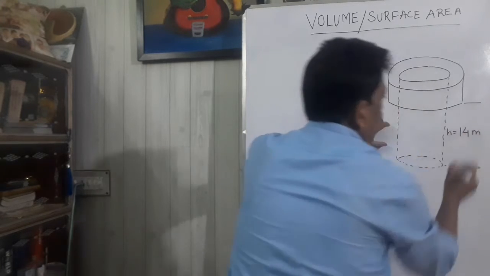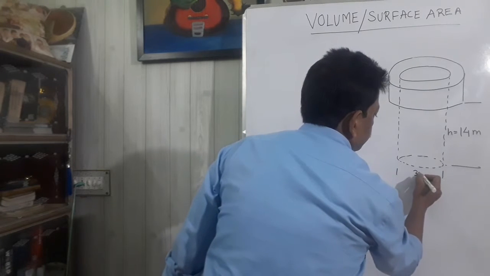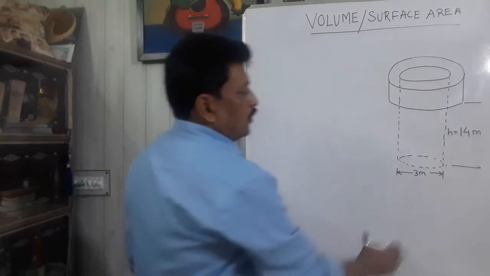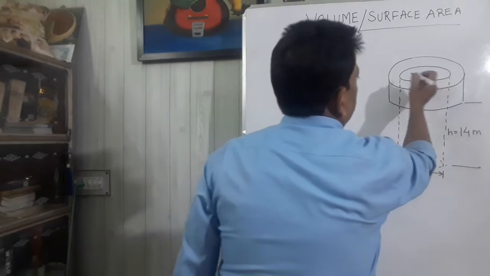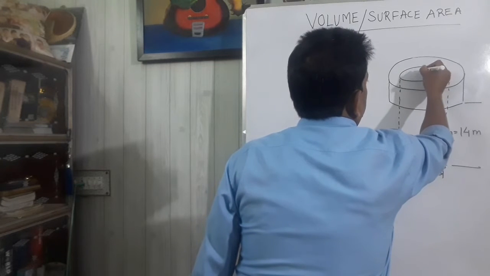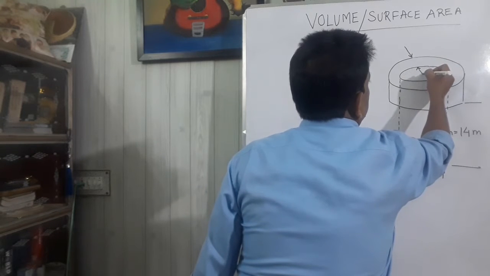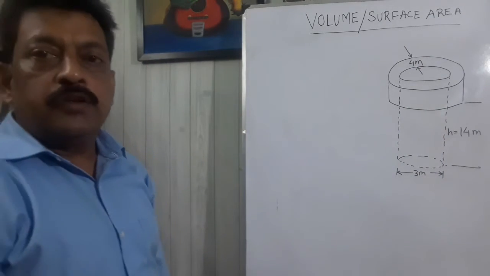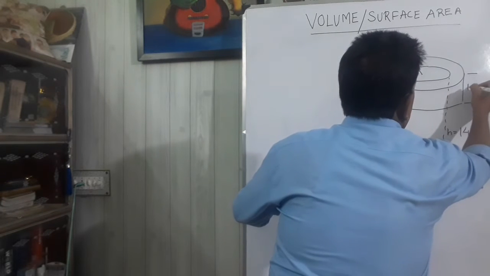The depth of the well is 14 meter and the diameter of the well is given as 3 meter. That is, the inner diameter of the well is 3 meter. Here the width of the embankment is also given. It is given as 4 meter. The width of the embankment is 4 meter and the height of the embankment is not known. We have to find the height.